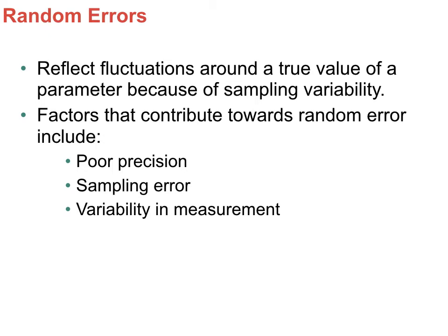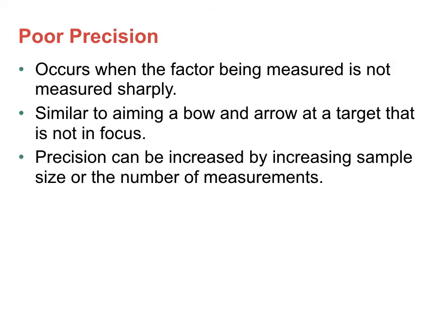So random errors reflect fluctuations around the true value of a parameter because of sampling variability. Factors that contribute towards random error can include poor precision, sampling error, and variability in measurement. Let's go through each of those individually. Poor precision occurs when the factor being measured is not measured sharply.